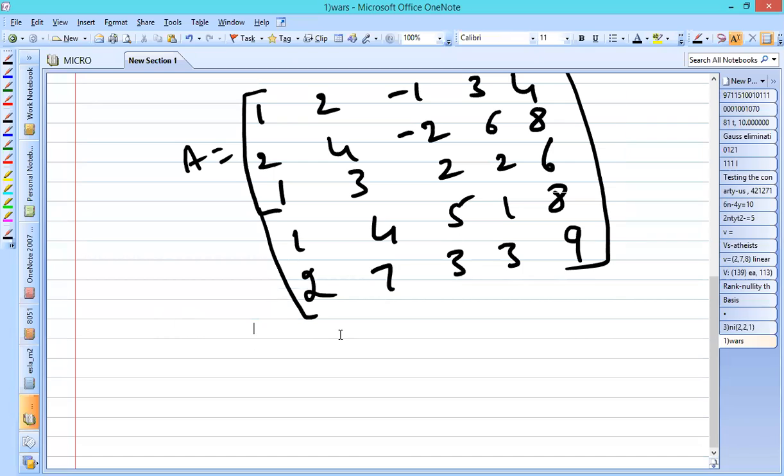Apply the row echelon method. I'll just give the operations, and you can work them out later because otherwise it will take much time.